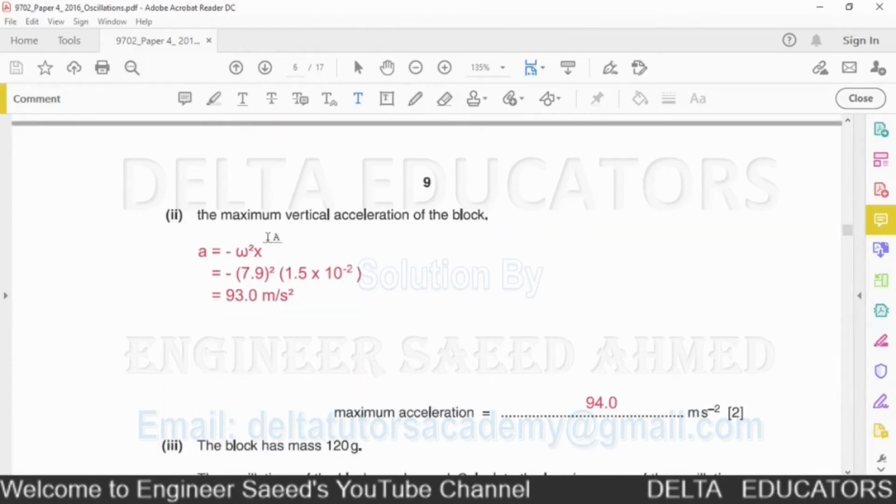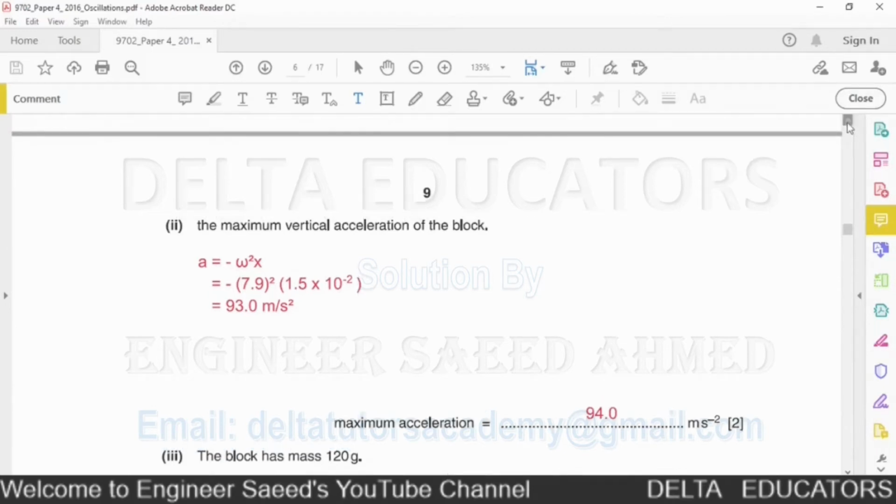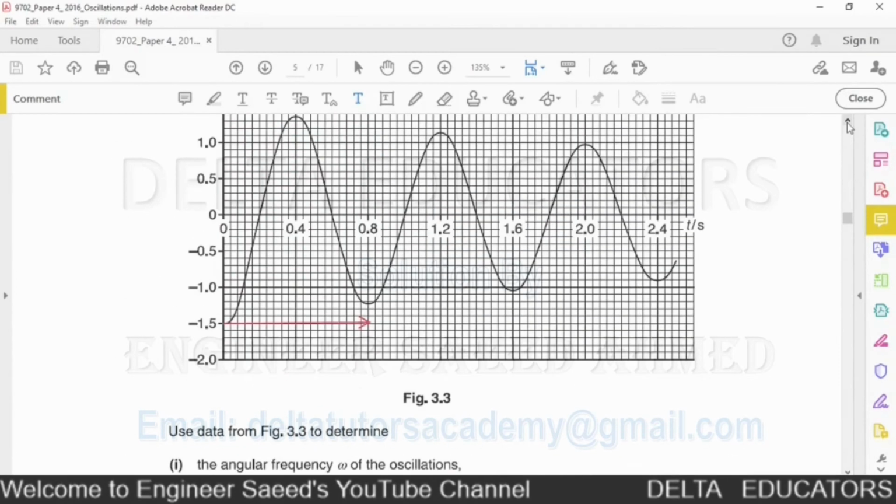Here x is displacement, or it is called amplitude. What is the value of amplitude x? From the graph, this is our equilibrium or mean position, and this is our peak position. In between mean and peak position, the distance is 1.5. So here amplitude is 1.5.